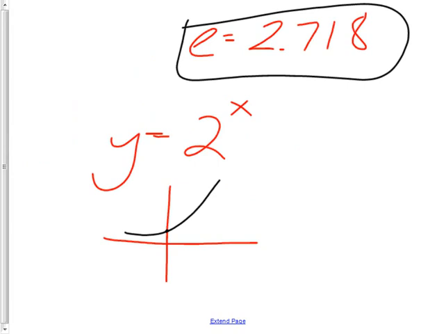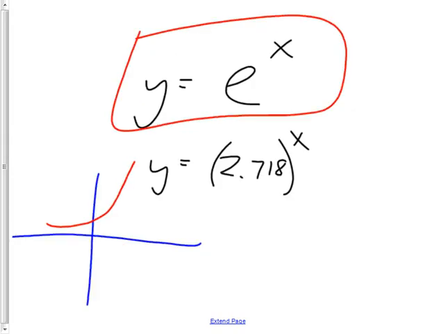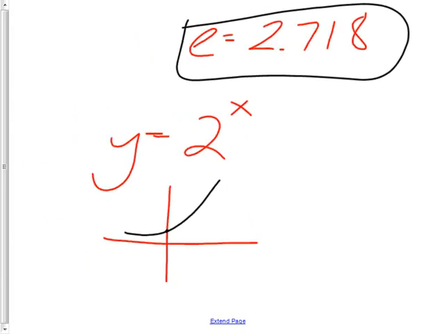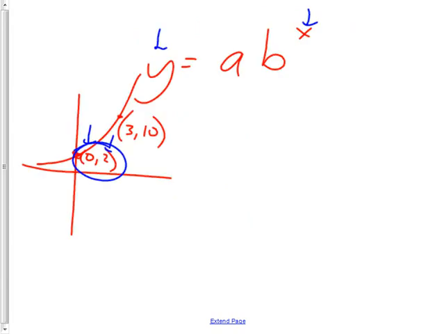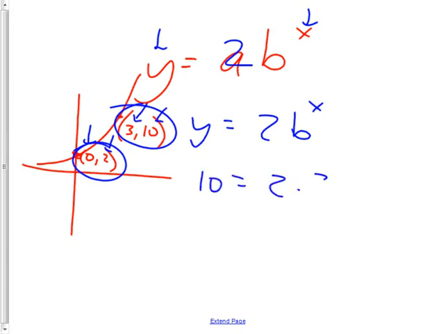All right, so sorry, the alignment's off on my board, so I screwed up my picture. There it is. Okay. So, now that I know a is 2, I'm going to go y equals 2b to the x, and then 10 equals 2 times b to the 3.